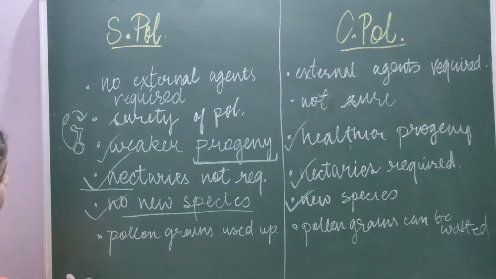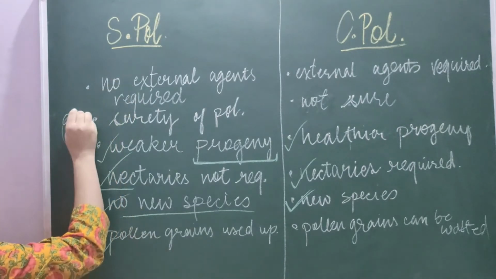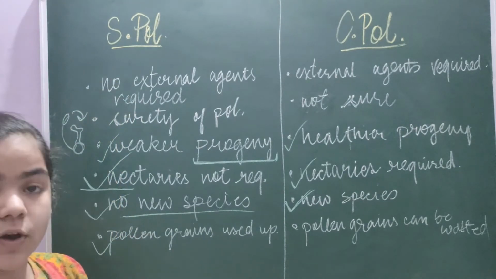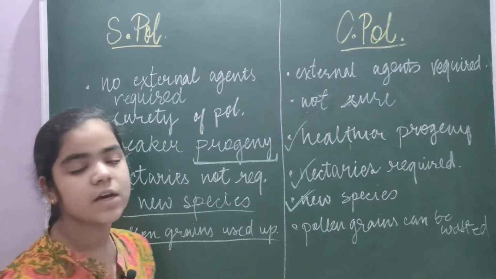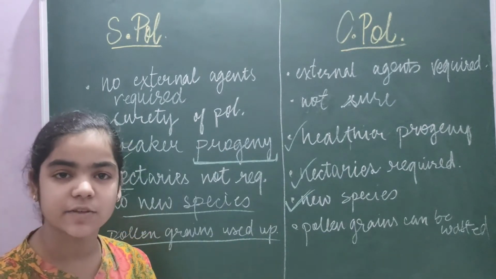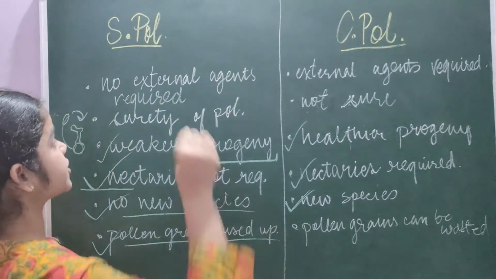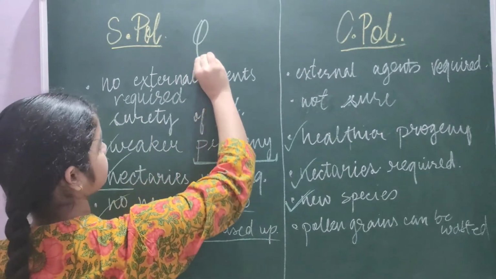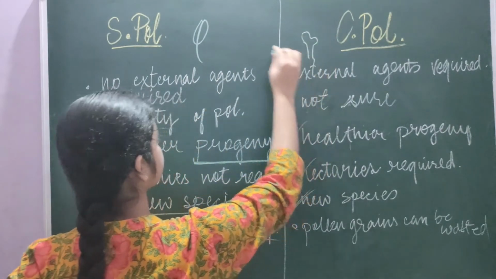Here in self-pollination, totally pollen grains are used up. What actually happens is that the pollen grains fall straight on the stigma. There is no requirement, and it cannot really occur that the pollen grains are lost. But when it comes to cross-pollination, the pollen grains have to suffer a lot, or say they have to cover more distance.